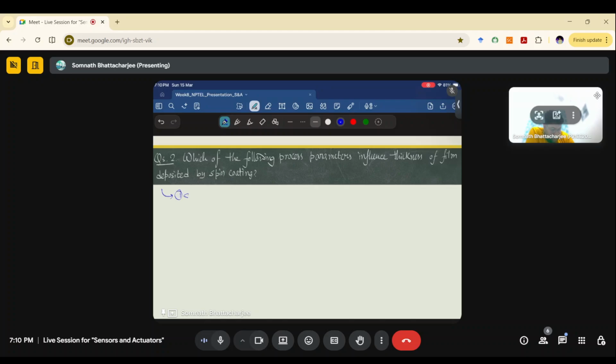One is spin duration, second is spin velocity, and third is both.